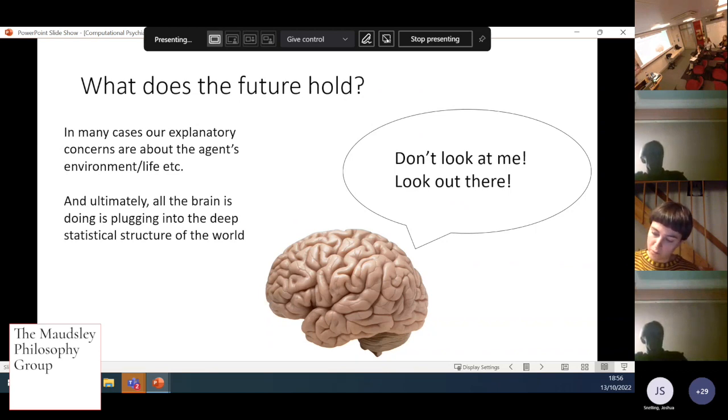But this is totally consistent with predictive processing, because ultimately, all the brain is doing is plugging into the deep statistical structure of the world. And so there's this nice irony that if this turns out to be our best theory of what the brain is doing, the brain is kind of saying, don't look at me, look out there, because all I'm doing is plugging into the structure of what's out there.